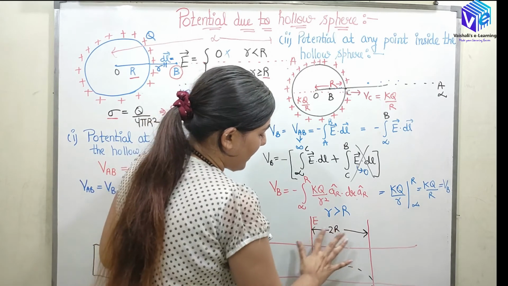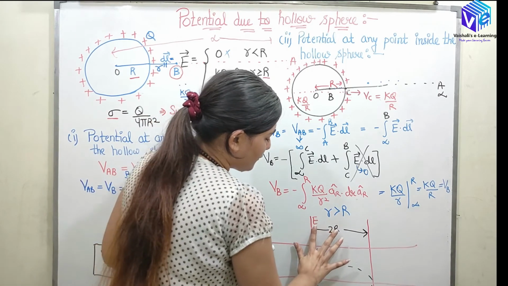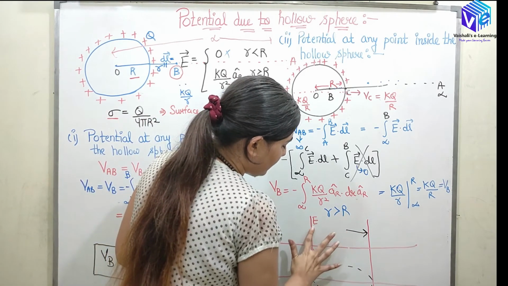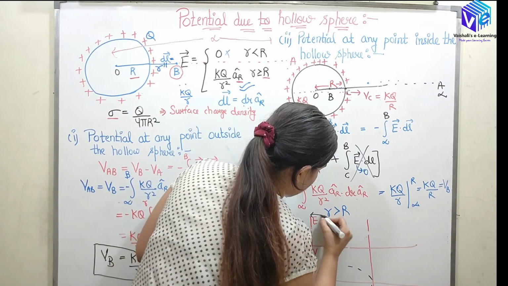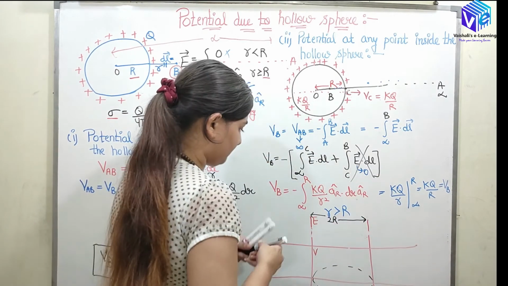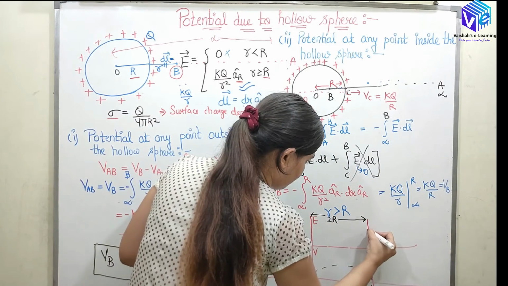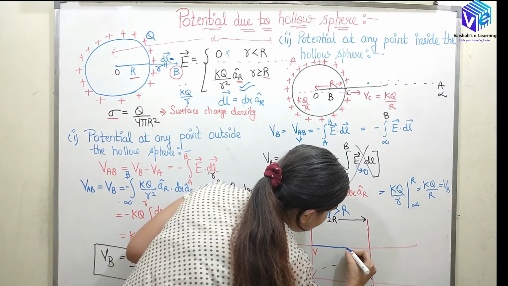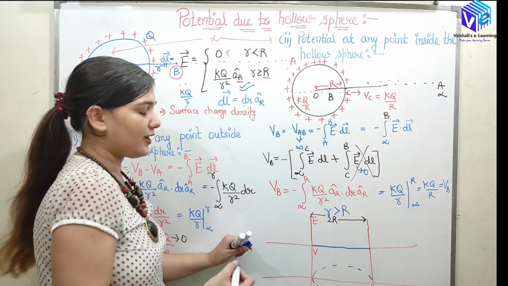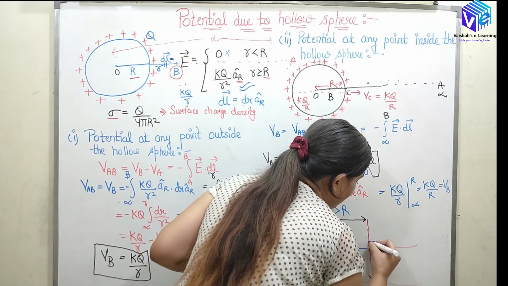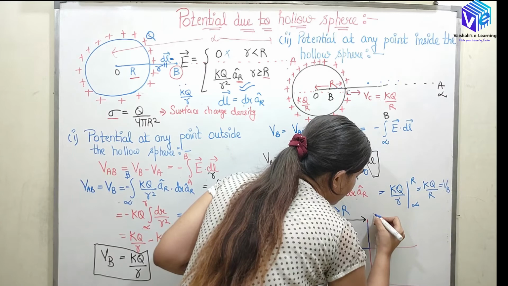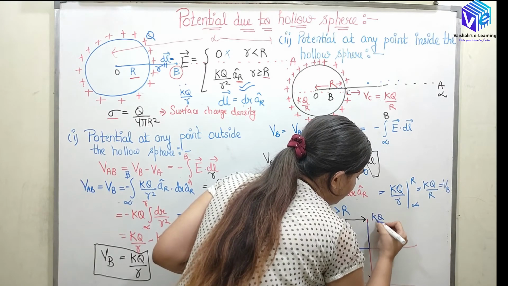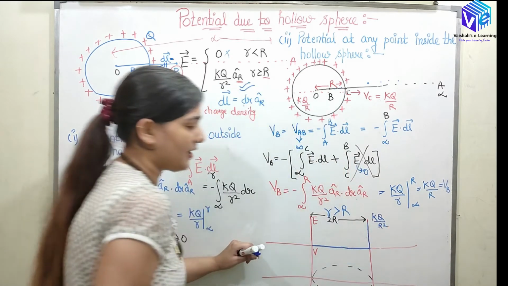Now if I have to denote E, what was E inside? Inside, at any point the electric field will be 0. Now at any point on the surface of the sphere, the electric field will be equal to KQ upon capital R square.